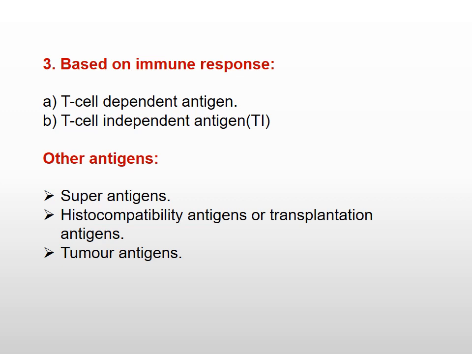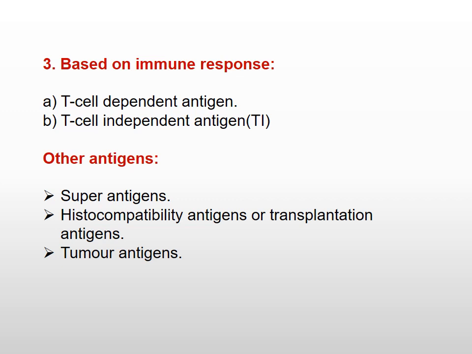So according to the immunological reaction, they can be classified into complete antigen and hapten or incomplete antigen. According to the origin, they may be exogenous or endogenous, and according to the immune response, they may be T cell dependent or T cell independent.